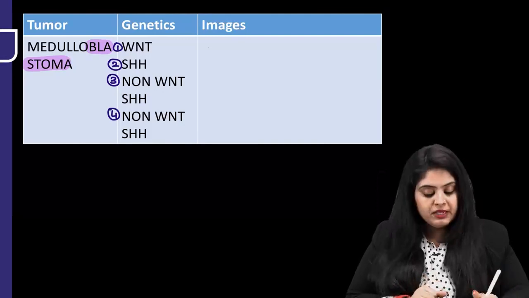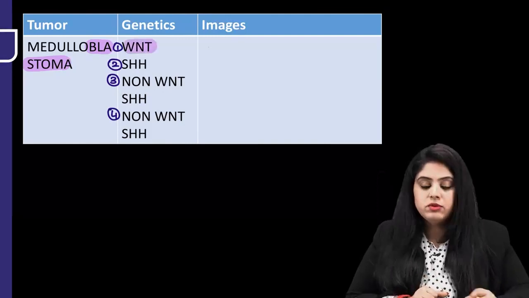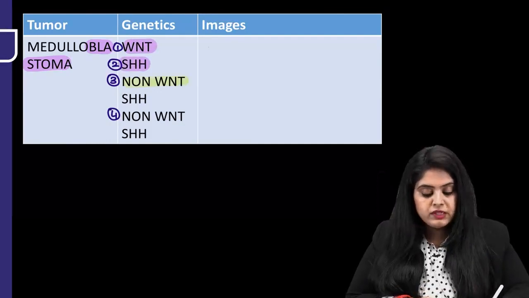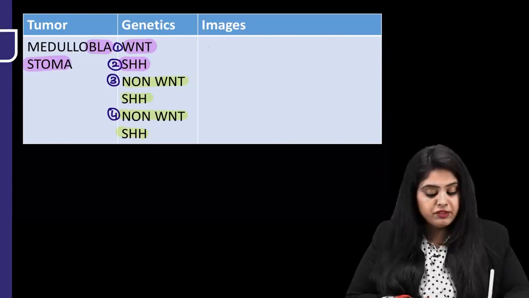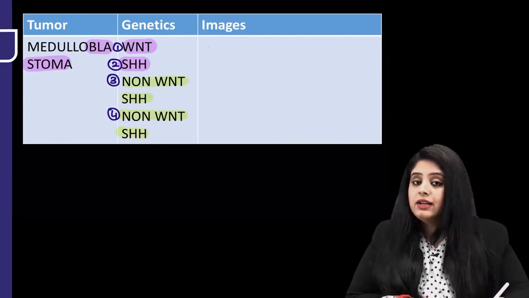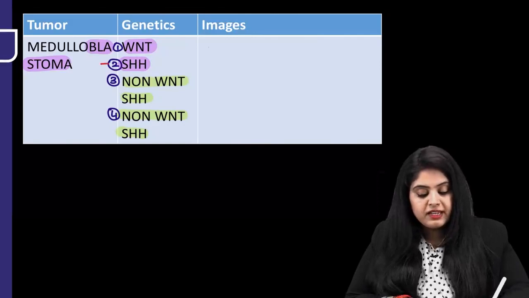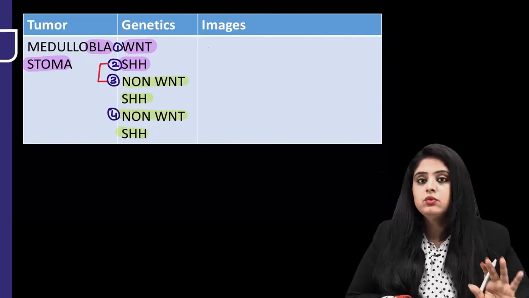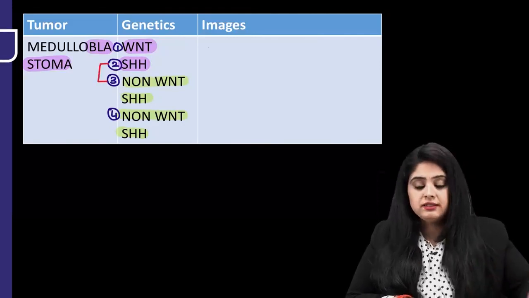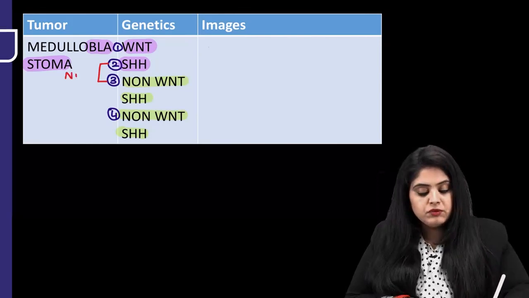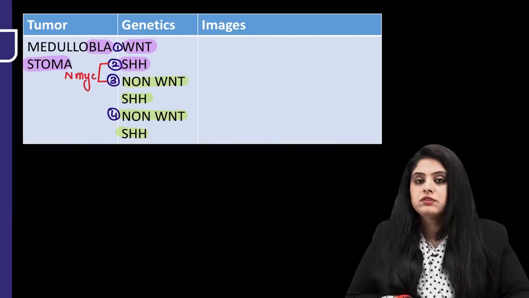So what is the difference? First one is WNT mutation. Second one, SHH mutation. What is the difference between the third, no WNT, no SHH, and the fourth, no WNT, no SHH? Please note that now I'll tell you something extra. The second and the third, these 2 categories, the SHH one and the third one, are very famous for showing you NMIC mutations.